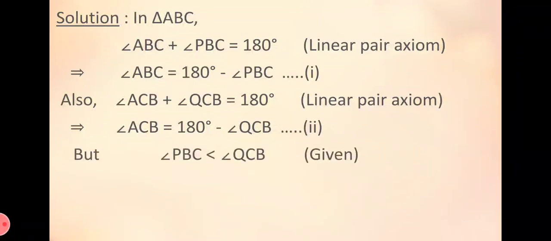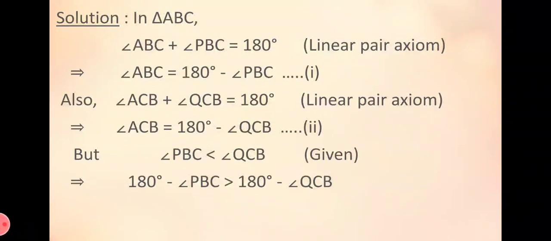But it is already given that angle PBC is less than angle QCB. Implies that 180 degrees minus angle PBC will be greater than 180 degrees minus angle QCB. Now, as we know, if we subtract a smaller number from a number, we will get a big number as the answer.